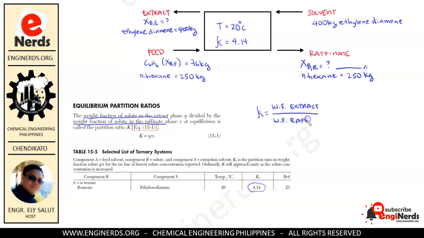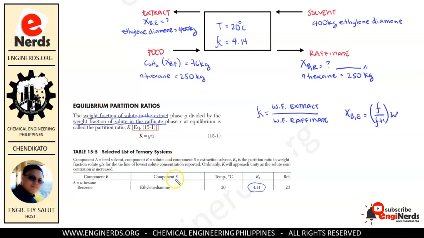So, this is what I said earlier. The numerator here is extract. Therefore, what we get in our formula is XB in extract, which is equal to F over F plus 1 times W. So, that is our formula that we will use later with our equation.